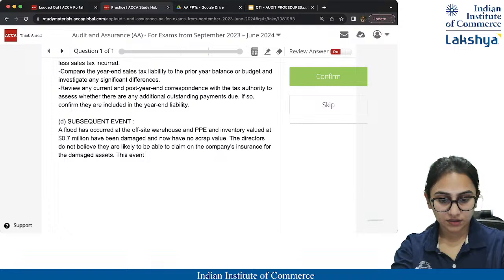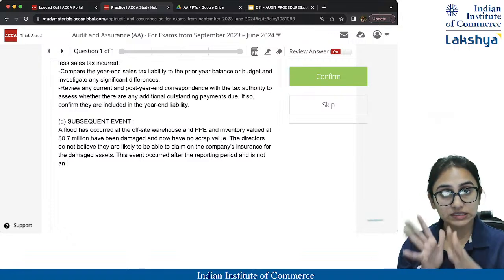This event occurred after the reporting period, that is a subsequent event, and is not an event that includes a condition that existed at the reporting date.